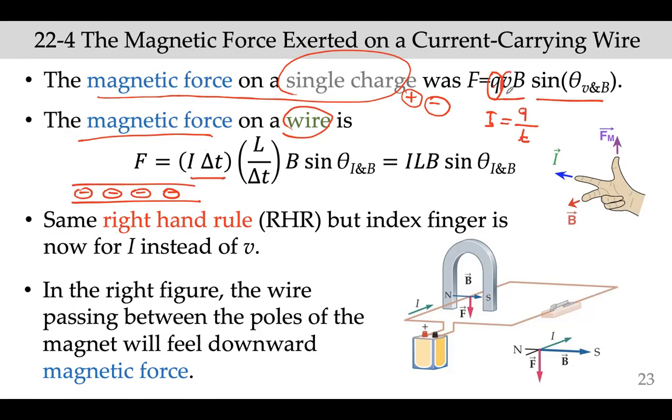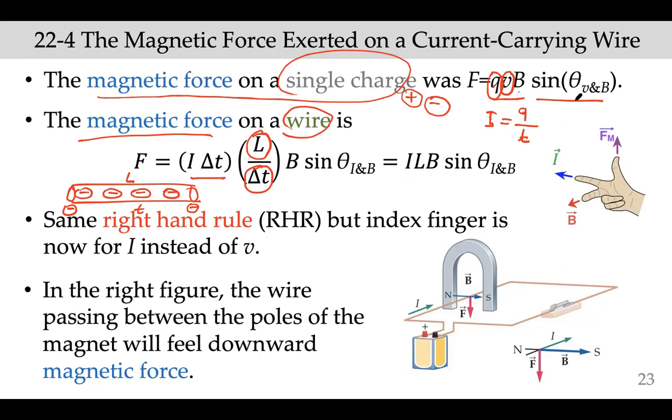And instead of velocity, let's say this cable has length L, and if a given charge passes through the cable of length L, let's say it goes from here to here in time t, then I can find the velocity by dividing the length by t. And I'm going to keep B and theta the same.